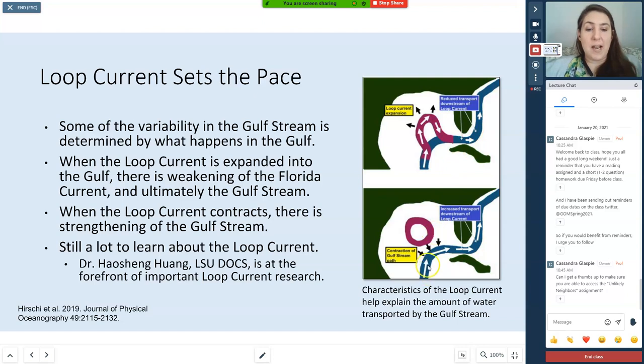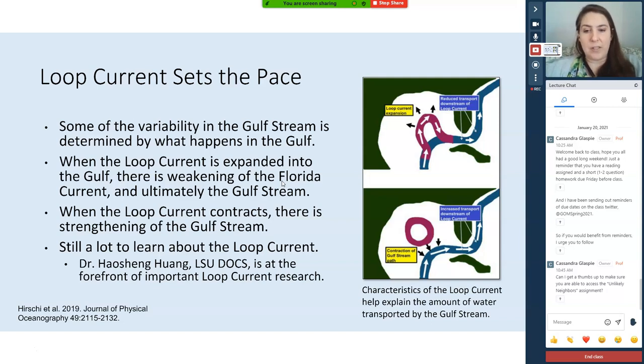When we see a contraction of the Loop Current, for instance after an eddy breaks off, then we see a strengthening of the Florida Current and the Gulf Stream. So these are some basics that we can try to understand, the connection between the Loop Current and what happens in the Gulf Stream, and we can maybe develop better predictive models. But there's still a lot to learn about the Loop Current itself.